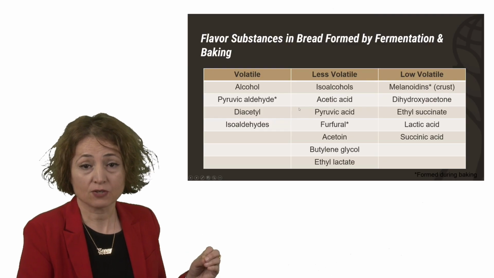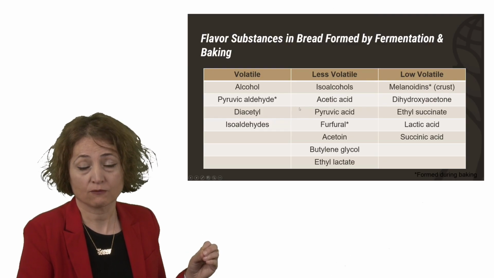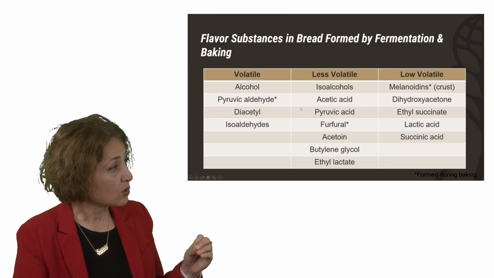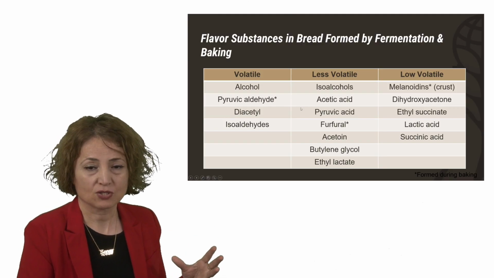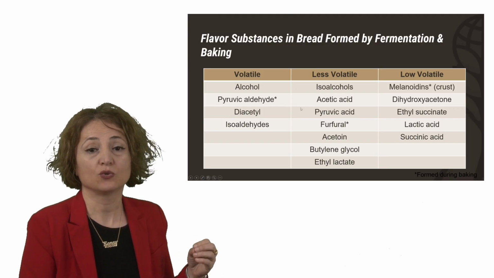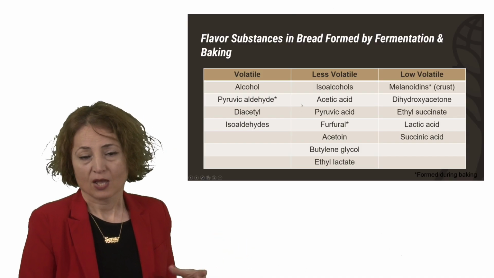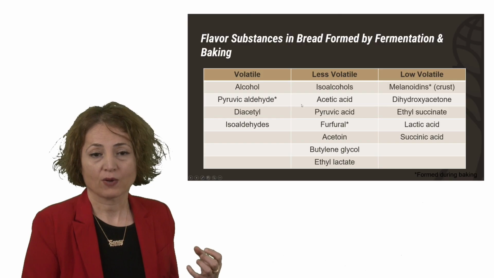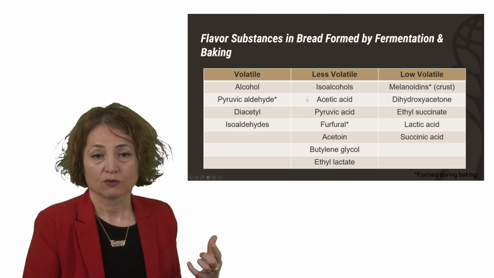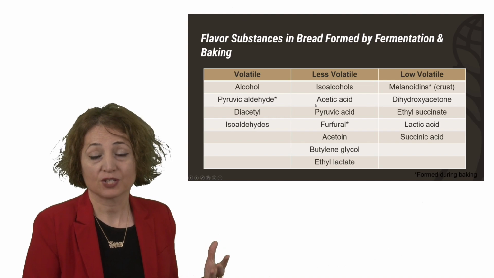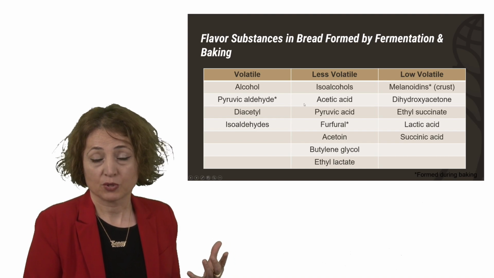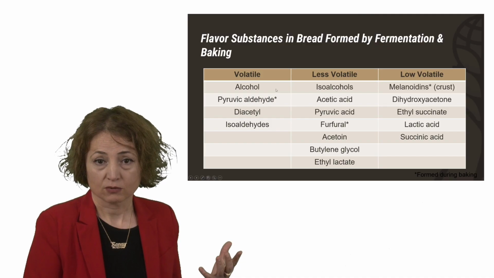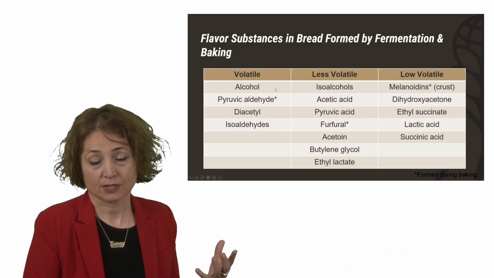And the flavor substances in bread are formed by fermentation, because we know that fermentation produces unique flavor compounds. Everyone can experience freshly baked bread, that nice smell. These are the compounds that we smell in freshly baked bread, because they are very volatile, and that's why we can easily smell them.